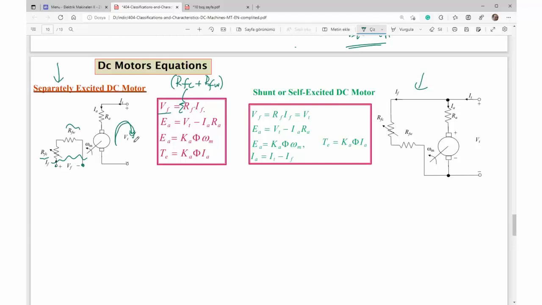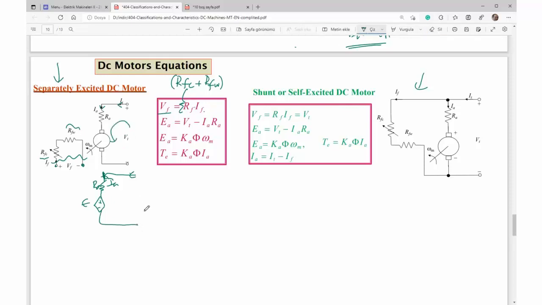So induced EMF here inside the armature. Here's the resistance. Here's the armature current. Here's the load current. But that is motoring, so current is entering. Let me correct this. You'd better draw like this.